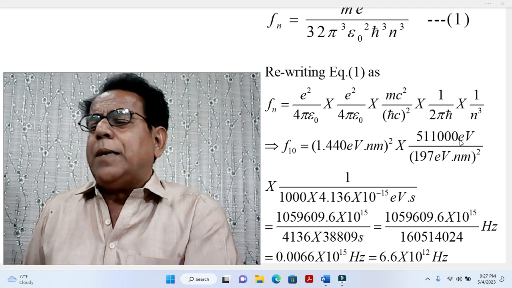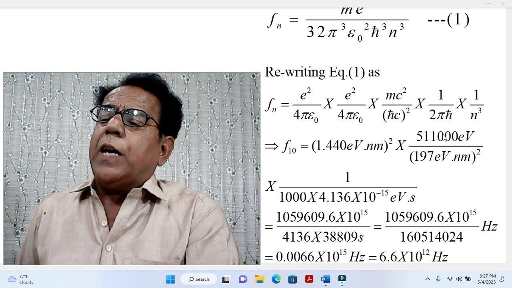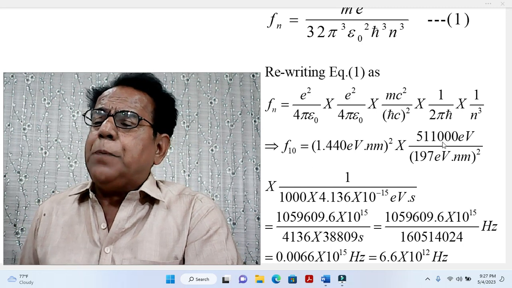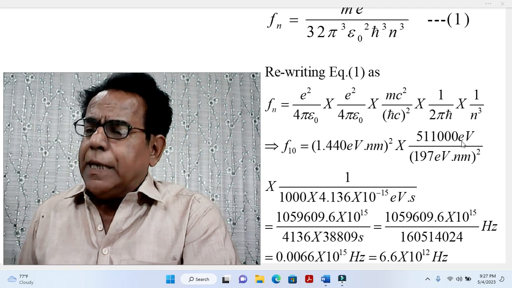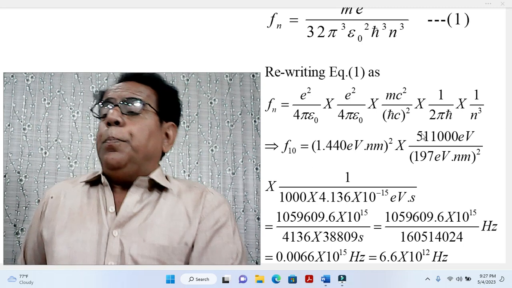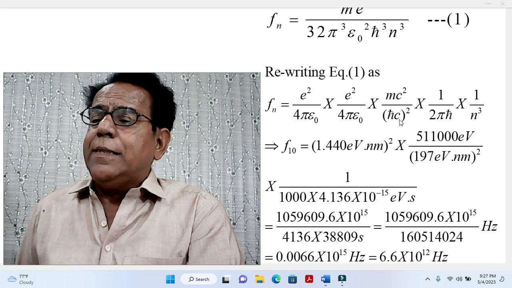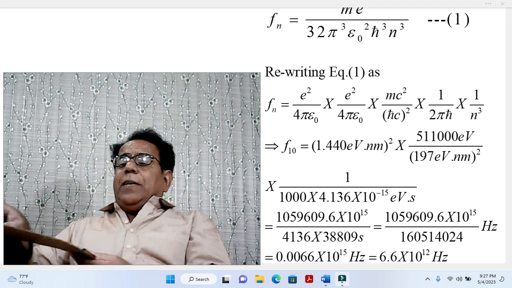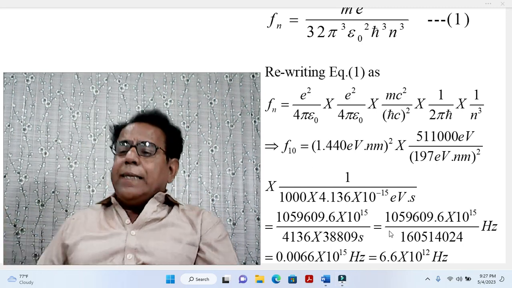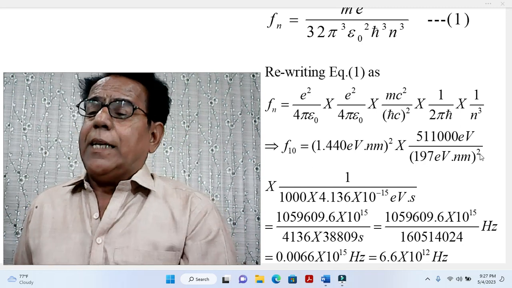We have to use one of these two values, either 511,000 electron volt or 0.511 million electron volt. Moreover, h cut c, or h bar c, or h reduced c, has the value 197 electron volt nanometer, and this is also in square, so it is written in square form.